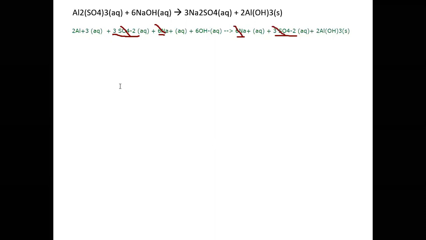And what we have left is the net ionic equation. So that's the net ionic equation when you react aluminum sulfate with sodium hydroxide.